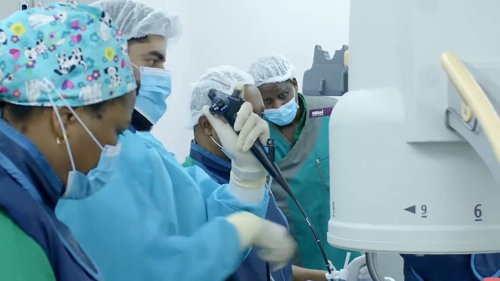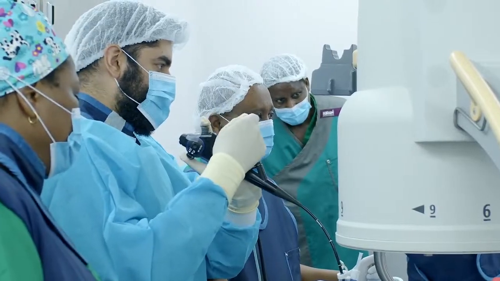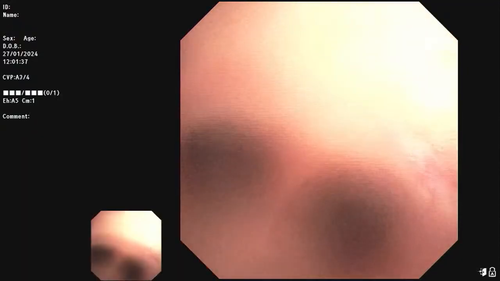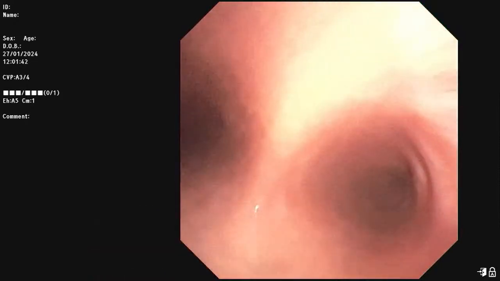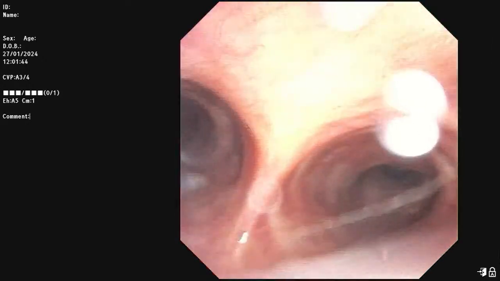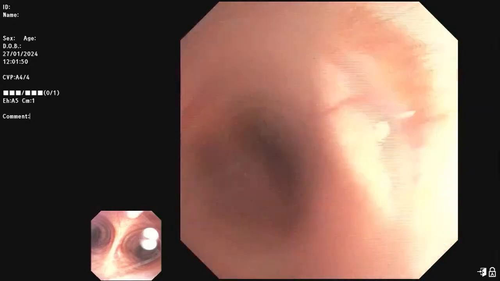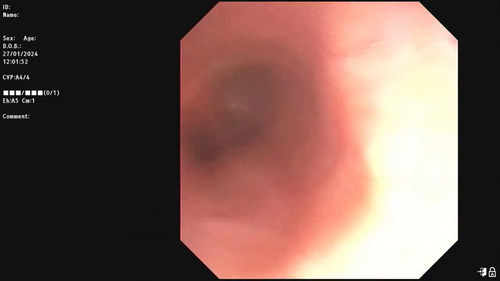Take a better picture. Very blurry, I don't know why. Yeah, good. I'm just gonna inspect the left side. Yeah, and if you want to wash, we can wash.